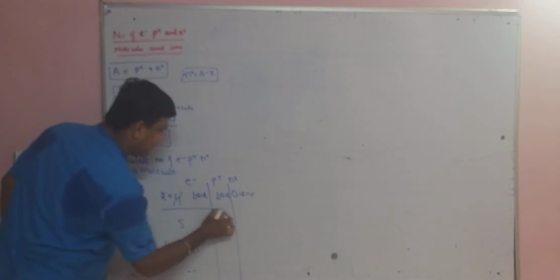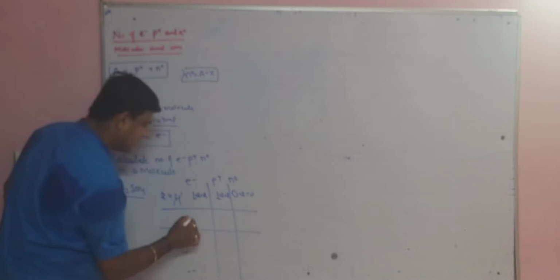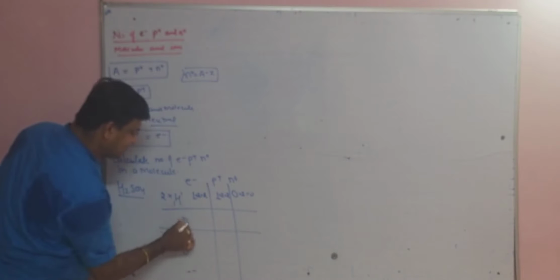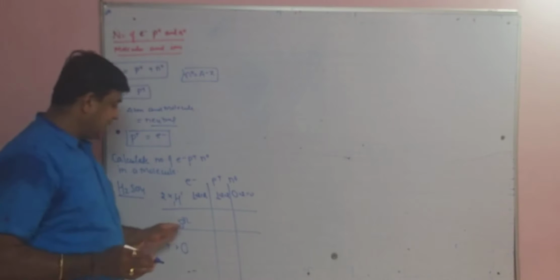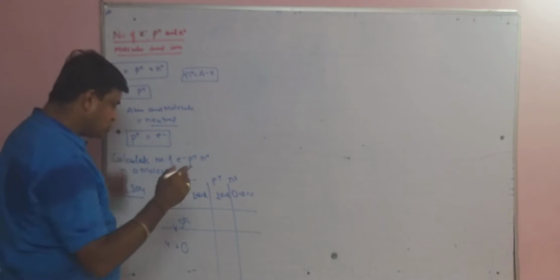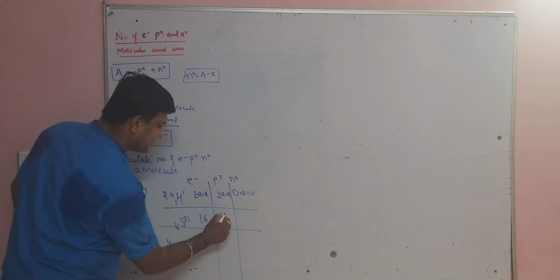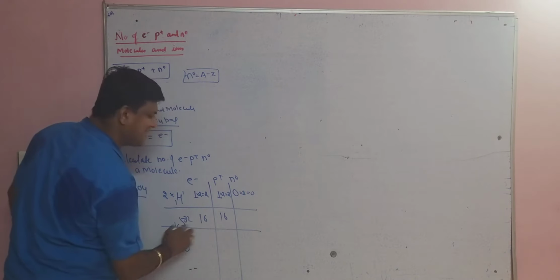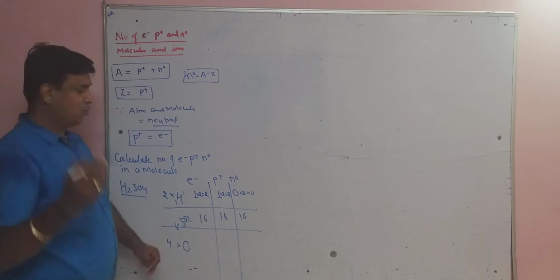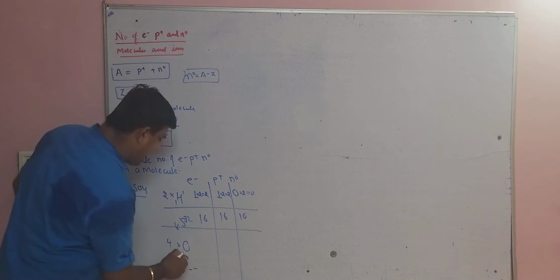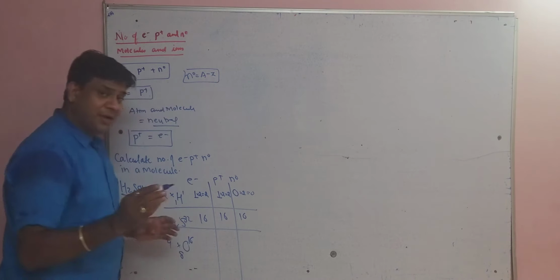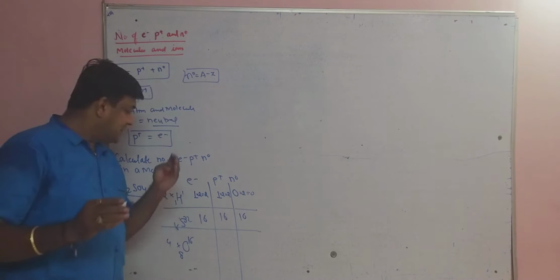What about sulfur? Sulfur has atomic number 16 and atomic mass number 32. So in the case of sulfur, electrons are 16, protons are 16, and neutrons are 32 minus 16, which is equal to 16. What about oxygen? Atomic number 8, atomic mass number 16.